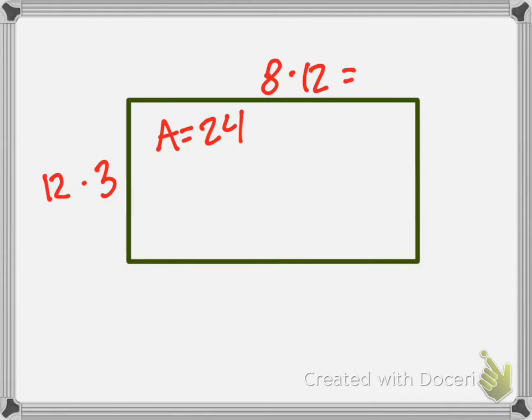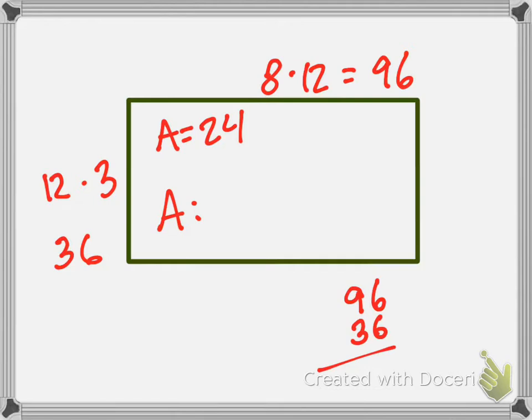What is 8 times 12? 96. And then what is 12 times 3? 36. So what would our new area be if we wrote it out? It would be 96 times 36. I'll give you guys a second to solve.